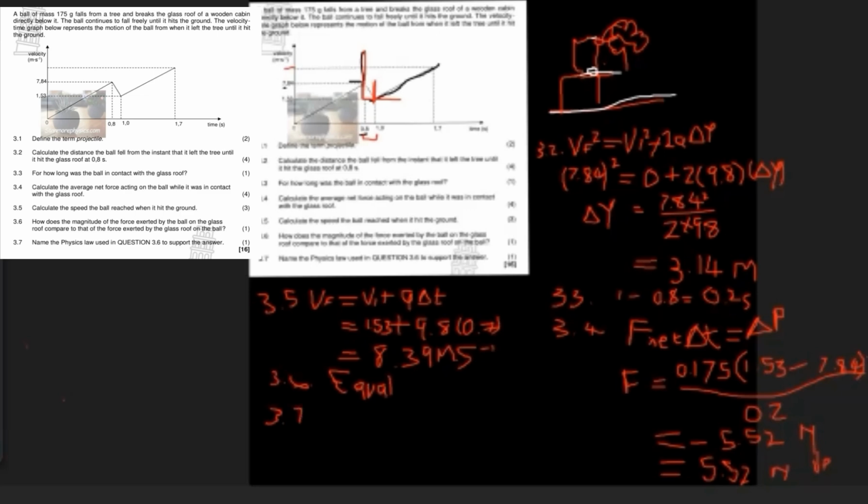We use Newton's third law, which states that when object A exerts a force on object B, object B simultaneously exerts the same force of equal magnitude on object A. So this would be Newton's third law. Can you please just write it for me because this pen is not friendly. Newton's third law.